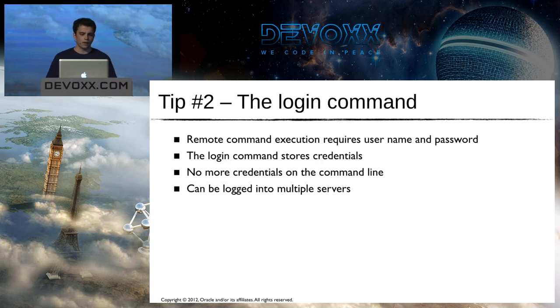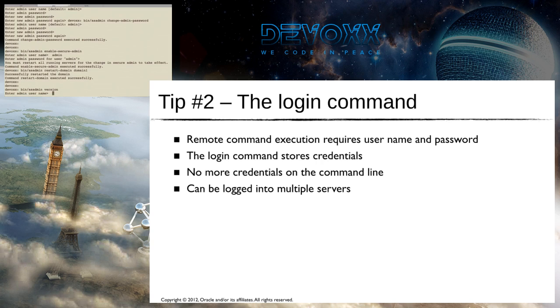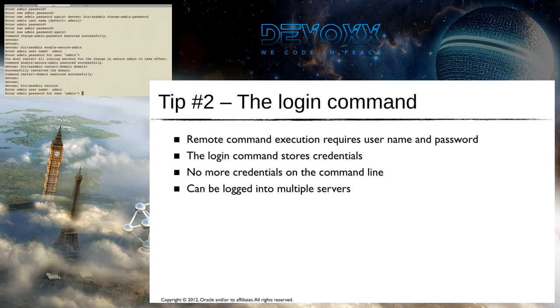When you are dealing with credentials, out of the box, GlassFish has an empty password. But if you have a password, whenever you try to type a command, it will prompt you for credentials. So it might not be very convenient. You can work around that using the login command. Let me show you how it looks. If I try a simple command like version, it asks me for my username and password all the time.